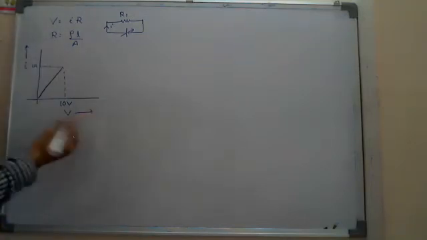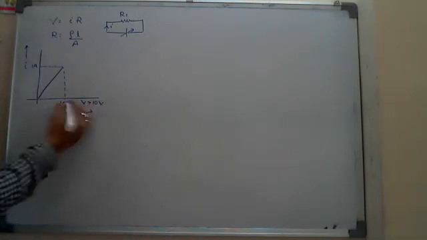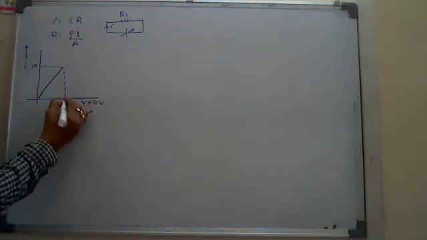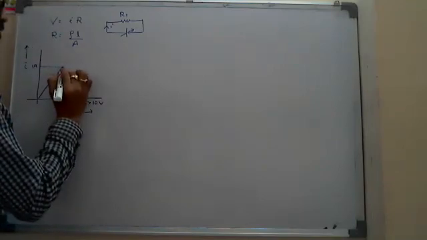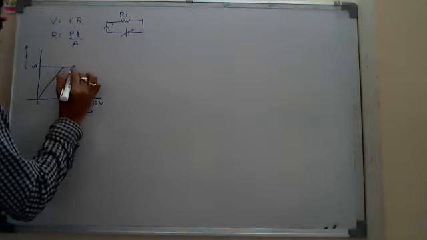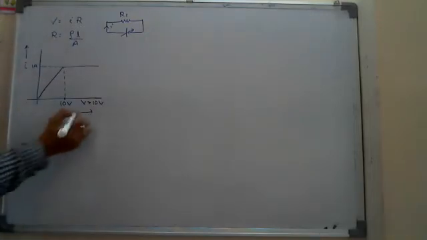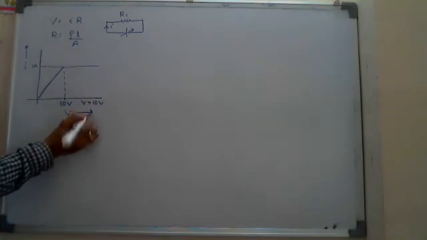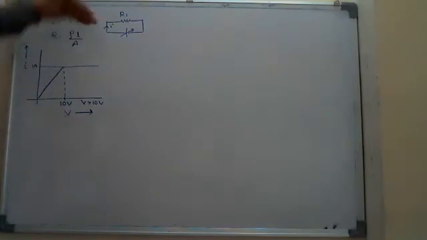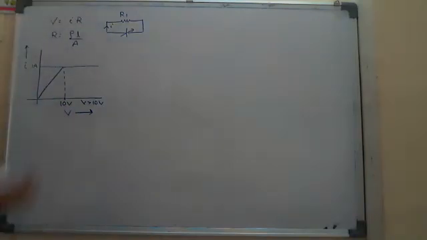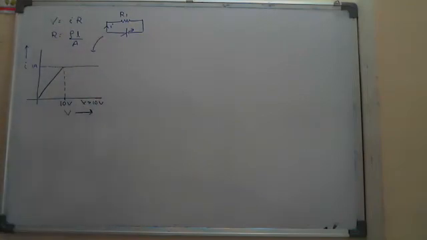Later, if V is greater than 10 volts, from here afterwards, he observed that the graph came parallel to the voltage axis like this. Okay, this is the observation he made when some variable source is connected across the first resistor. Means it is the graph he observed for the first one.